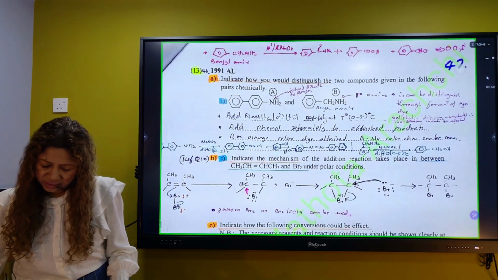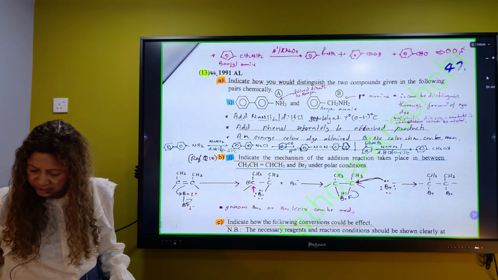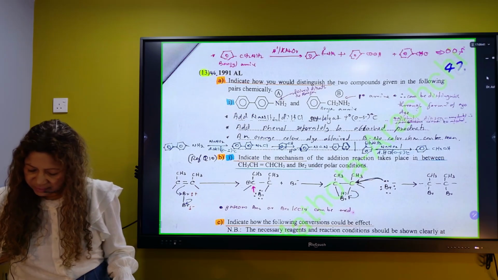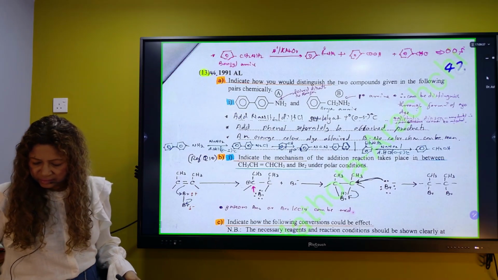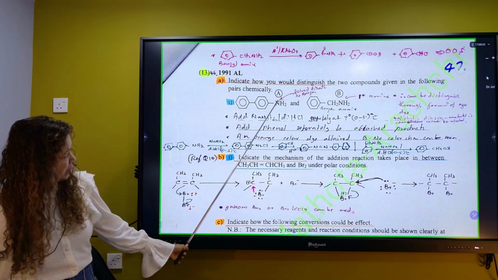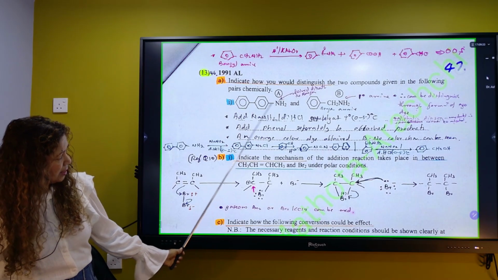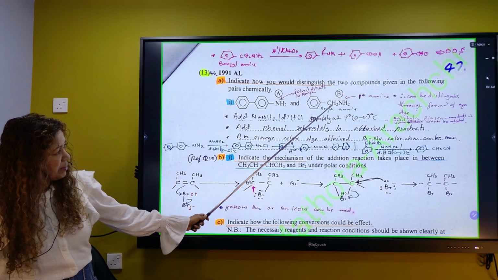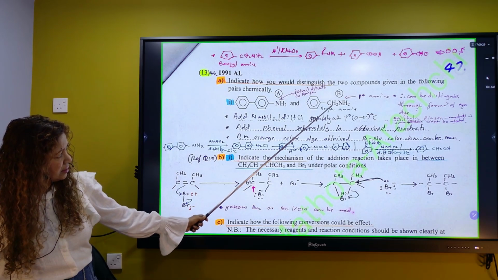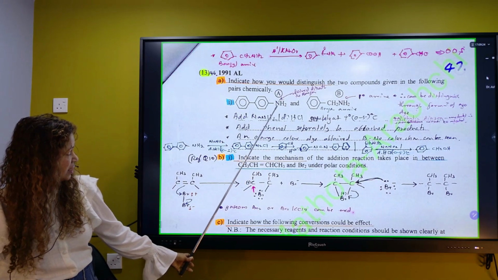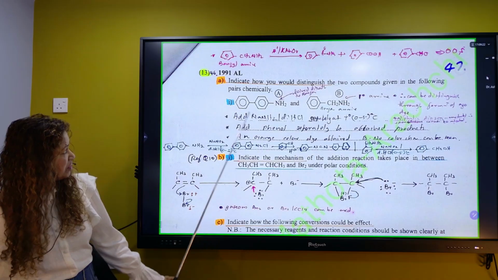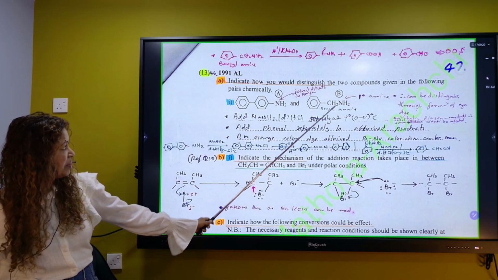Okay, this one asks how to distinguish the two compounds given in the following pairs chemically. This is directly bonded NH2, so this is like aniline. Benzylamine is aliphatic because CH2 is joining to NH2. This is like a primary amine and this is aniline. So we can distinguish between aniline and a primary amine.